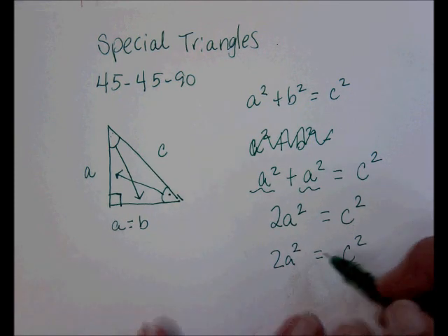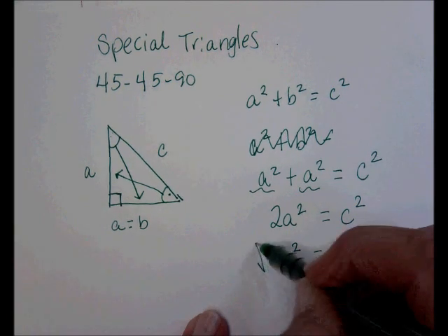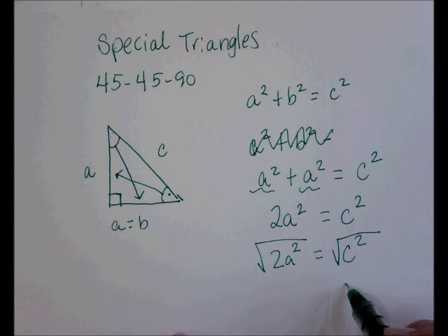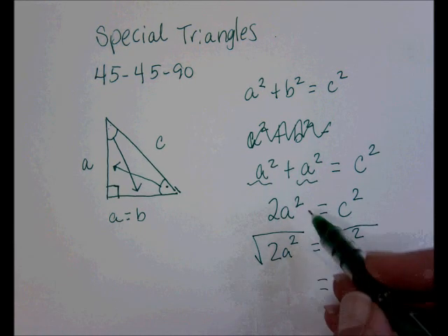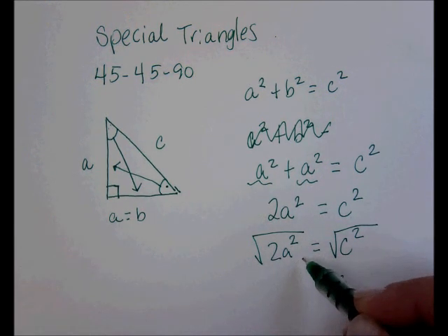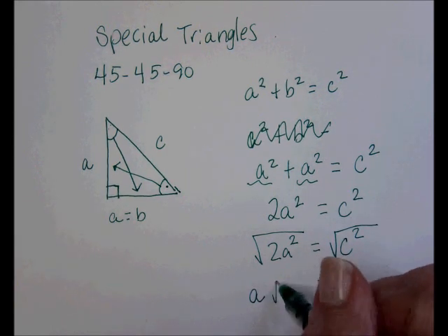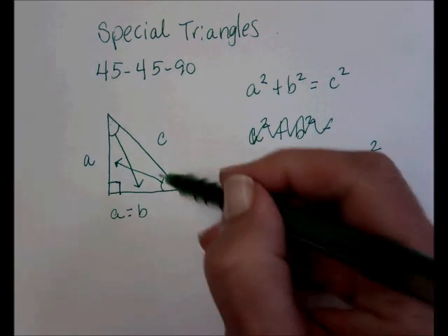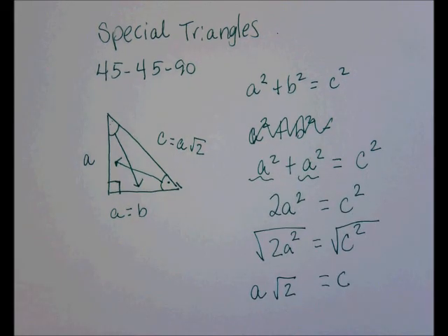So to undo squaring c, I'm going to take the square root of both sides. That leaves me with c on the right side of my equation, and here this is 2 times a squared. I have a pair of a's, so I'm going to bring my a out because the square root of a squared is a, but I'm left with radical 2. So c is going to be equal to a times radical 2.